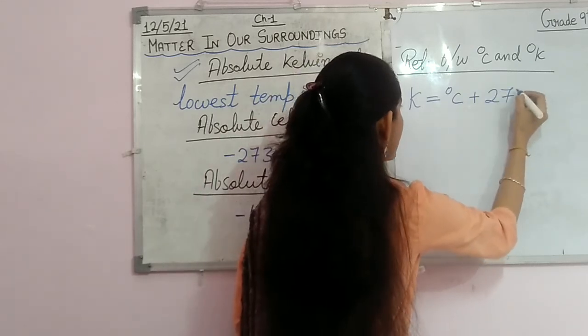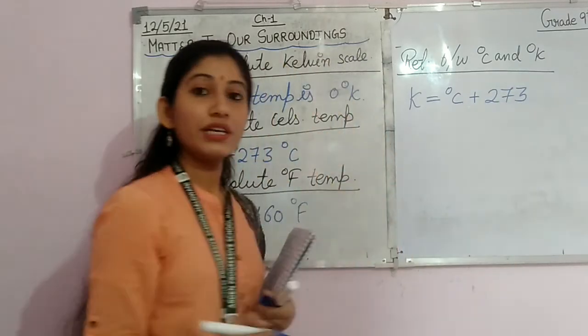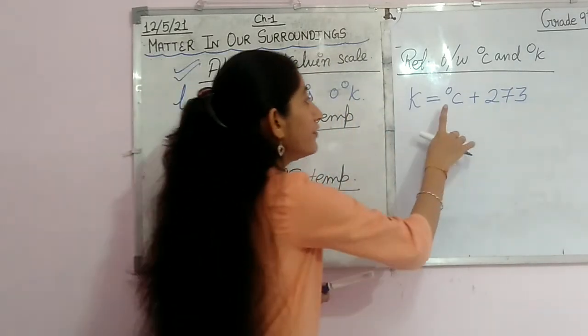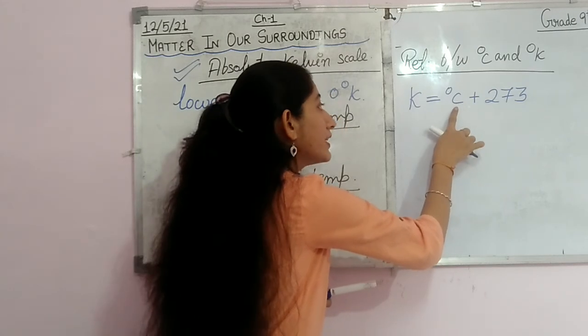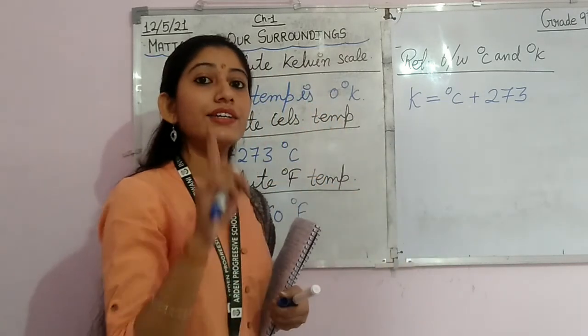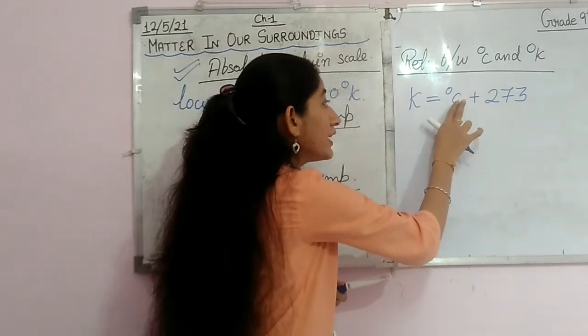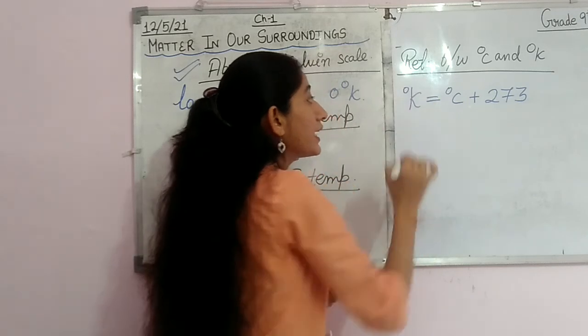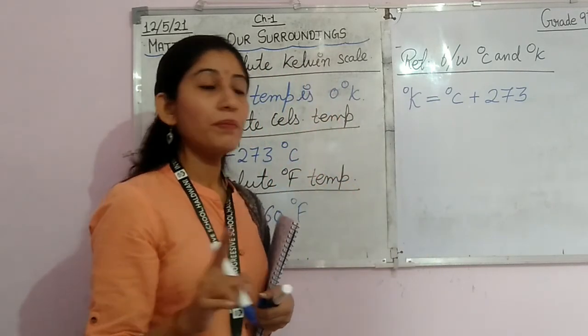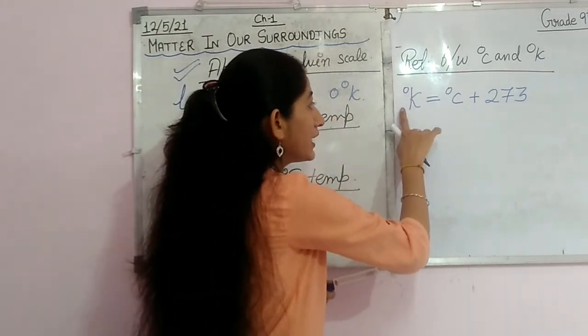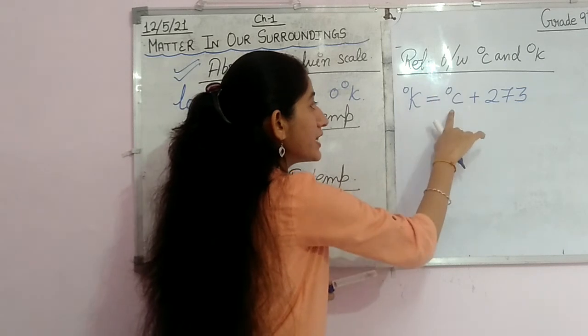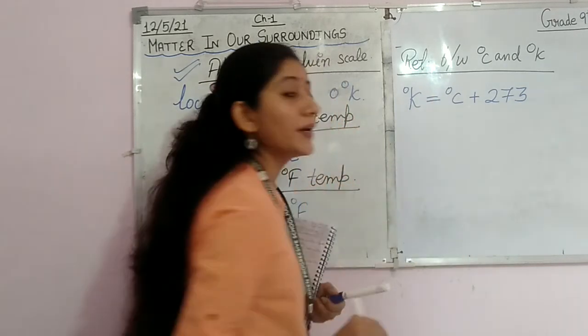When the value of degree Celsius is given and it is asked to change the given degree Celsius into degree Kelvin, you will apply this formula: degree Kelvin is equal to degree Celsius plus 273.